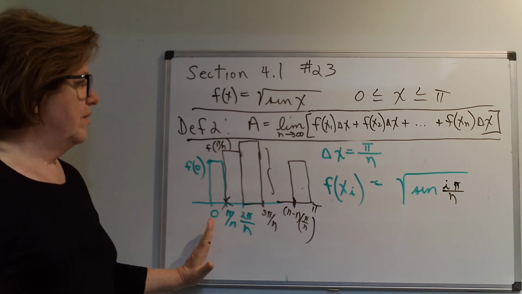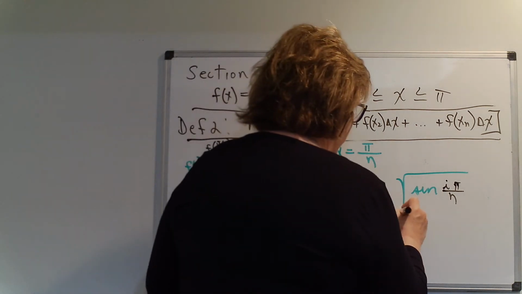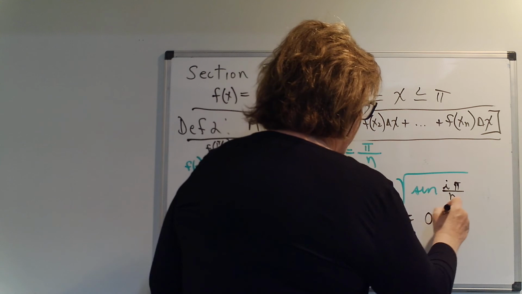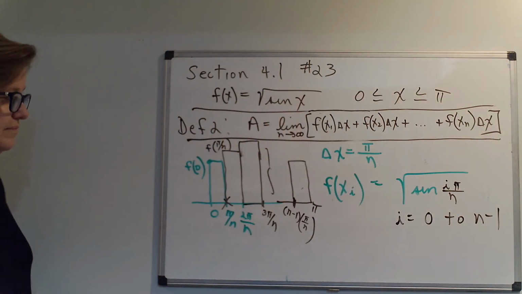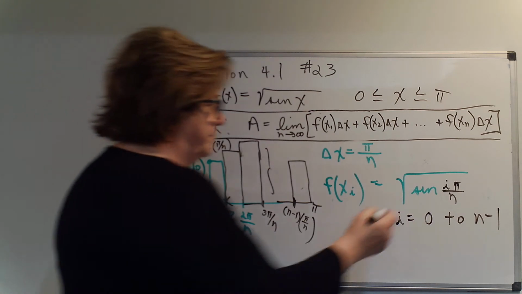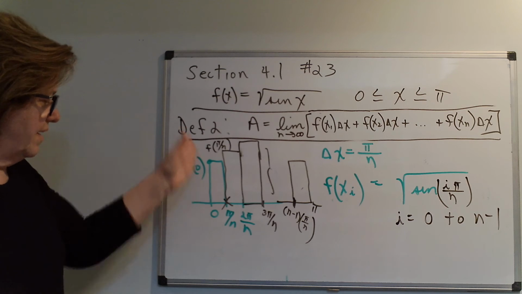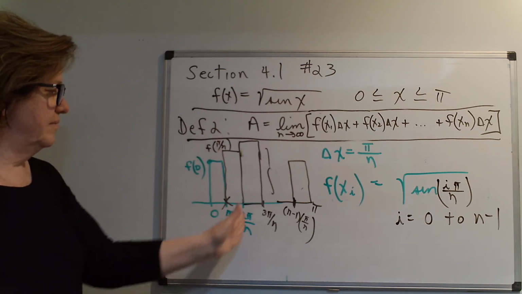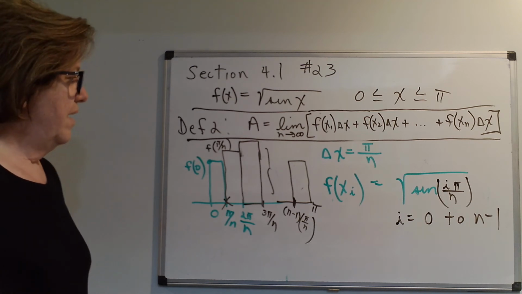So it can be I pi over n as long as I goes from 0 to n minus 1, right? Because we're taking the square root of the sine of the left side. Okay? So how do we write that?